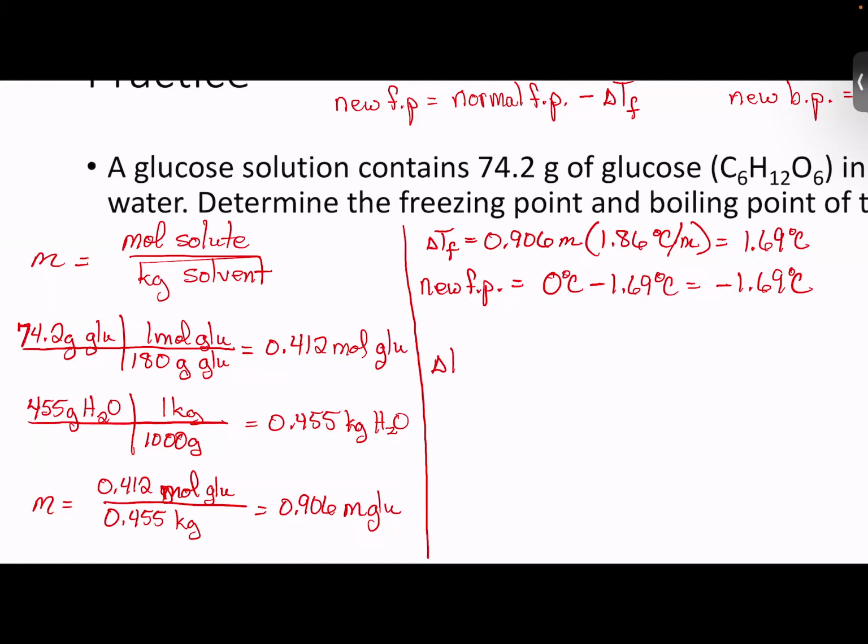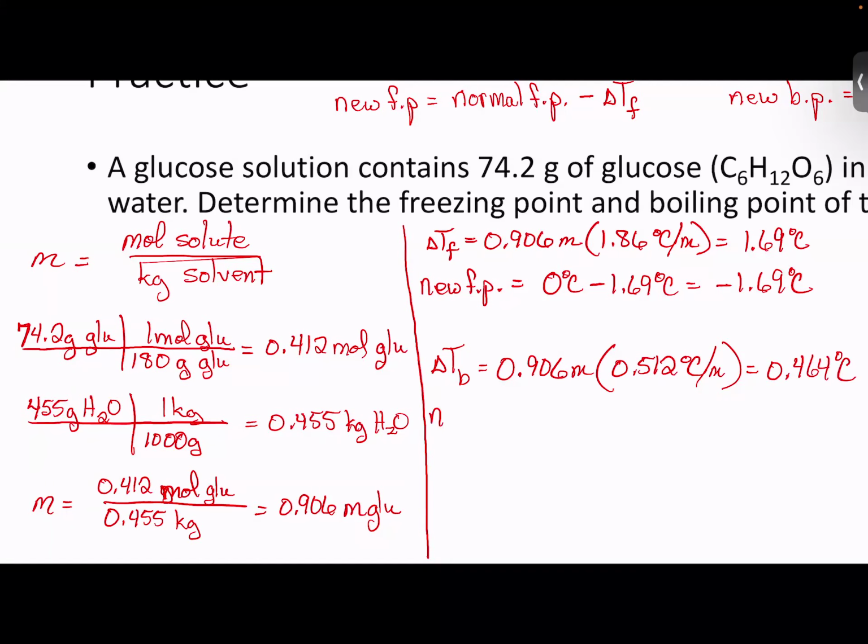Delta TB is going to equal the molality, 0.906 molal, times the Kb, which was 0.512 degrees Celsius per molal, which is 0.464 degrees Celsius.